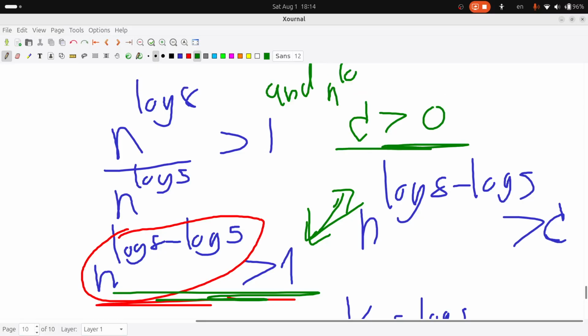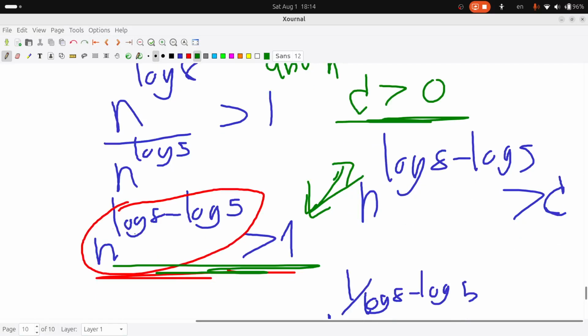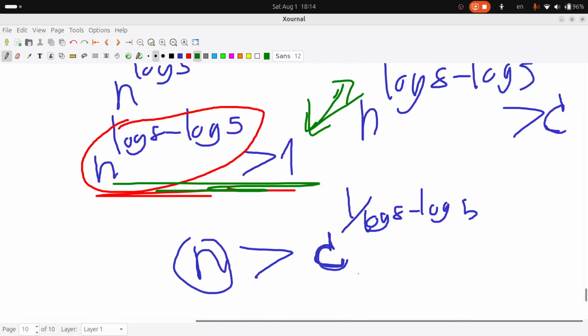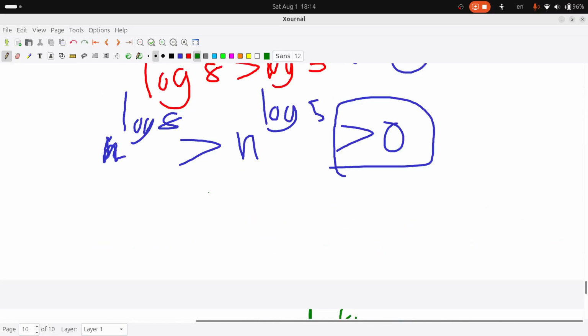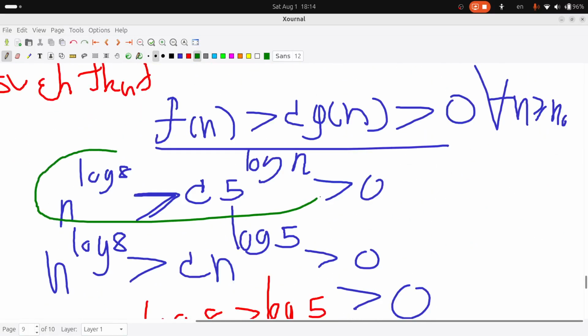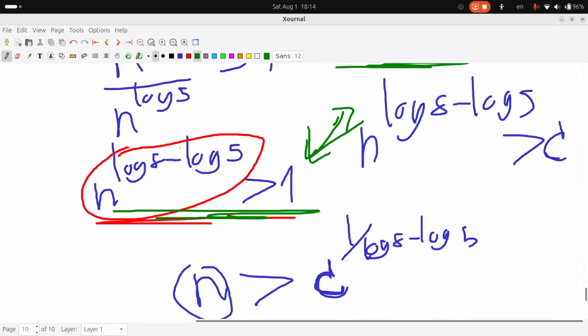And since c is greater than 0 and n power of this is greater than 1, we can show that, or from this one we can write this and use this.